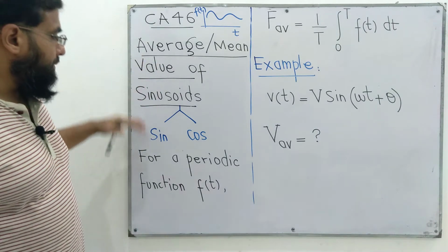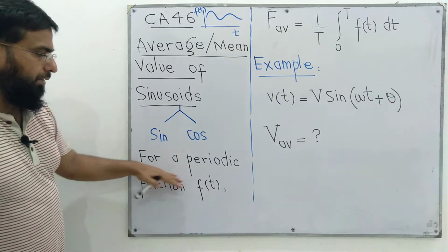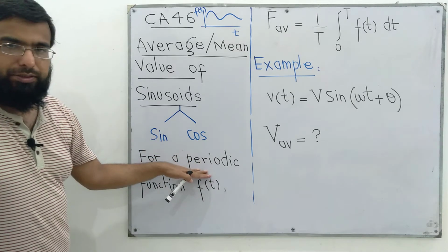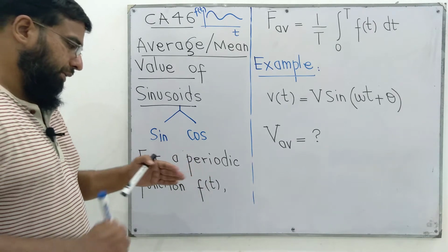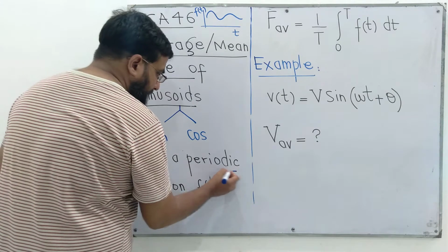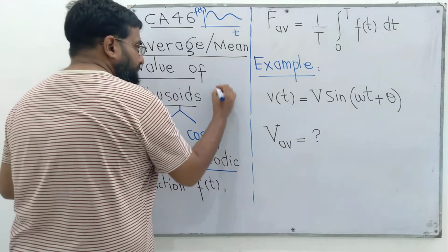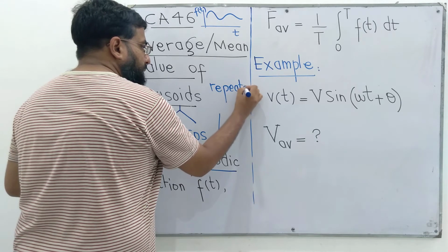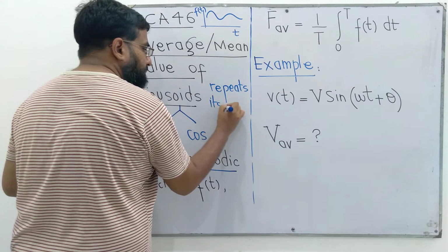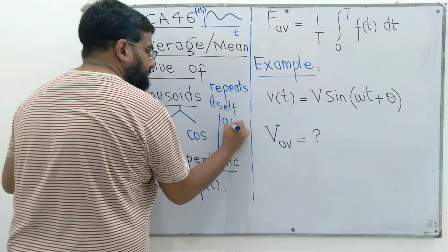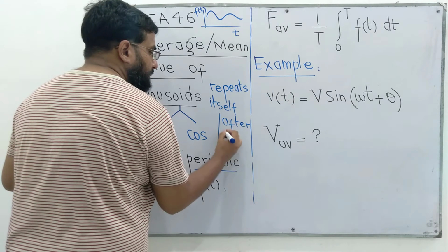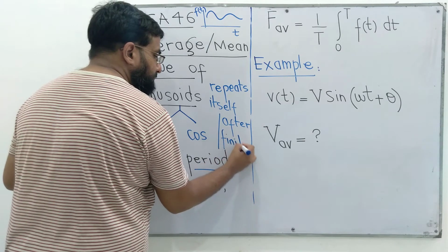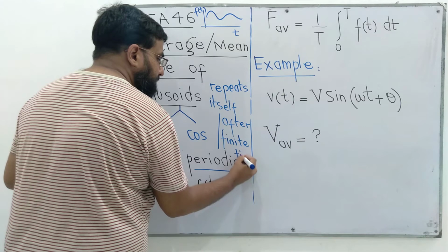So today we see that for a periodic signal, a signal is periodic if it repeats itself after finite time.